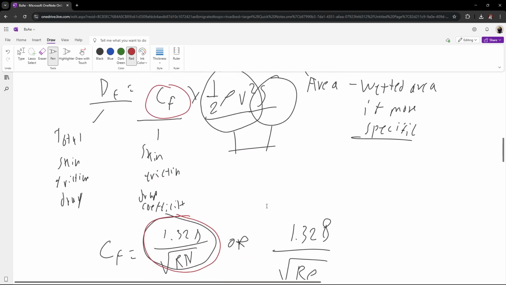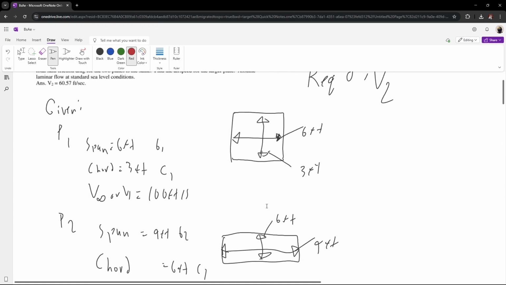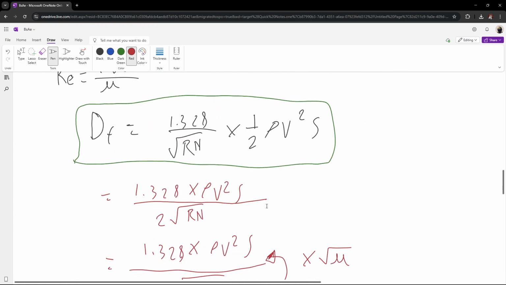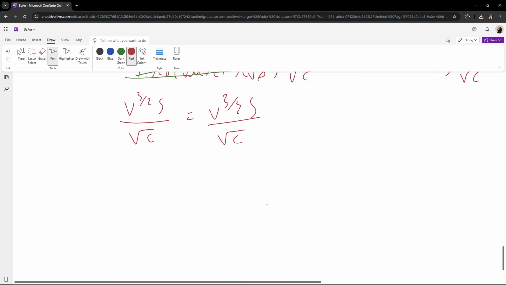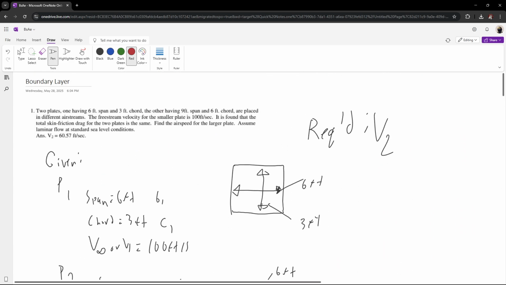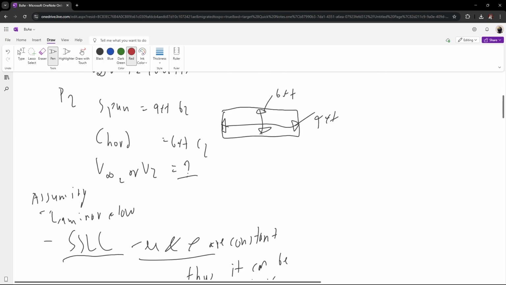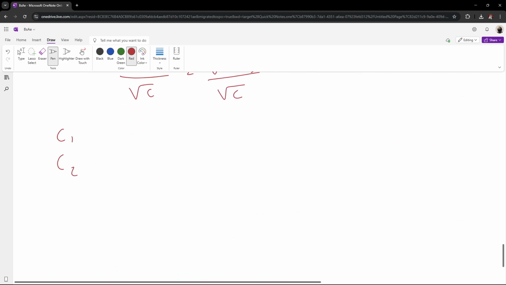Do we have V1, V2? Yeah, we do. We have V1. Again, C1, C2. Our C1 is 3 foot and our C2 is 6 foot.